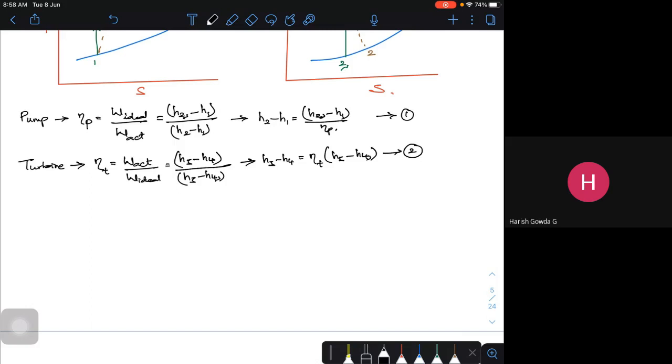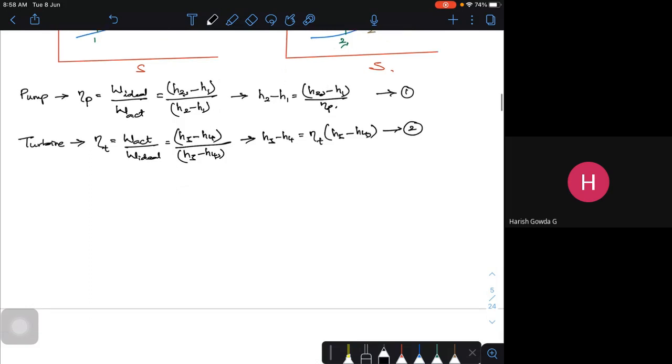Now, just now we have found what is actually, then what is your Rankine cycle thermal efficiency? The Rankine cycle thermal efficiency is given by this expression.